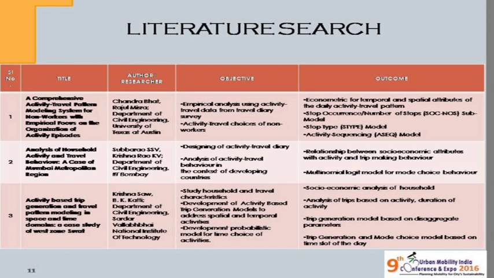For the literature search, I studied some literature from India as well as some advanced US research. In India, there is generally very little research on this, but in the US and UK, there is a larger amount of research, and people generally model trip-making behavior and mode choice behavior using activity-based modeling.